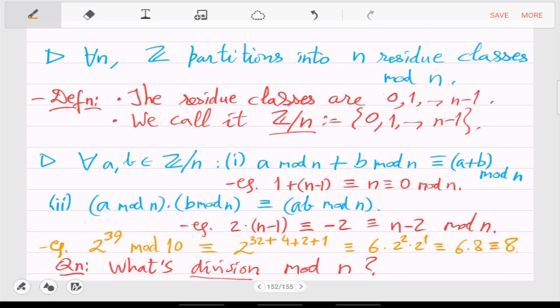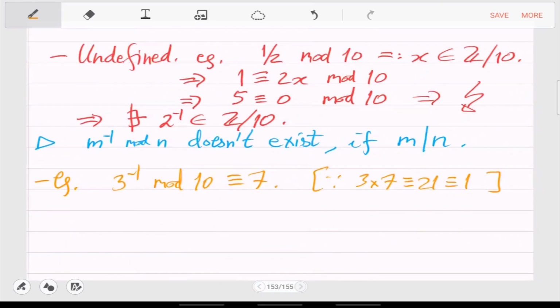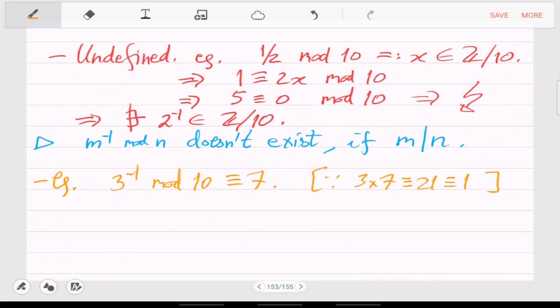So it's a problem more serious than division by 0. Okay, we are not doing division by 0, but still we are not able to divide. So this is a new problem that happens in this new arithmetic. But addition, multiplication were fine.